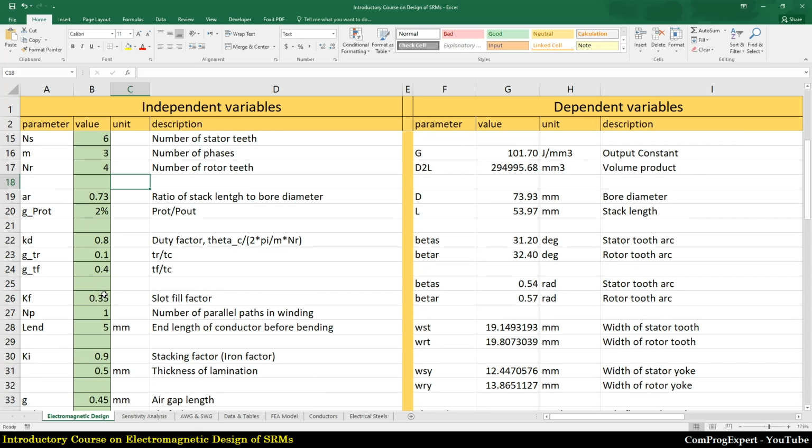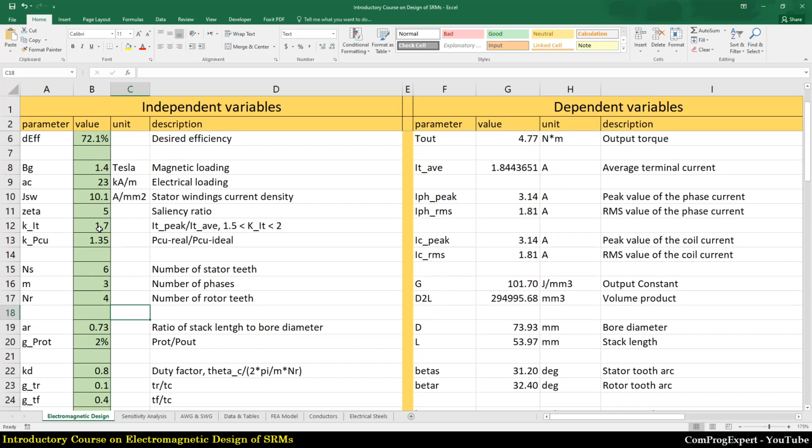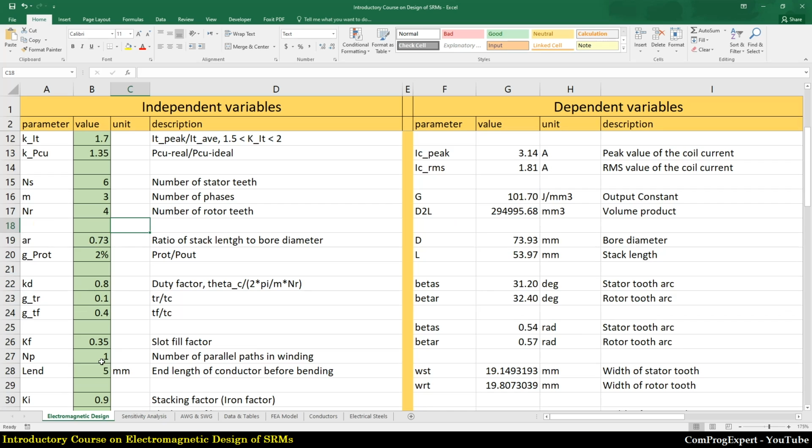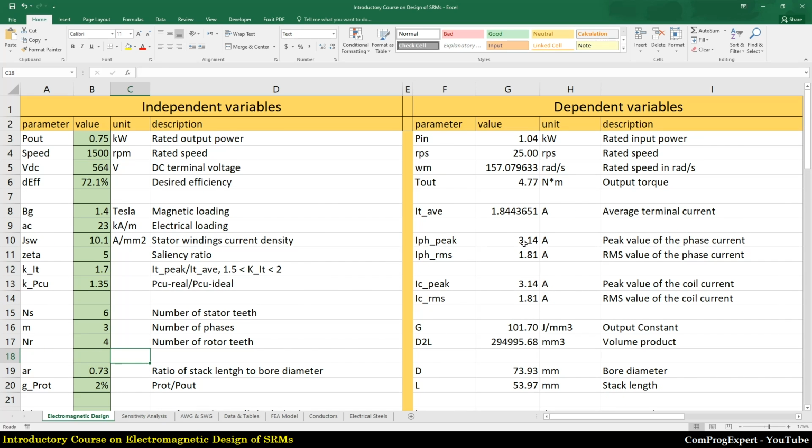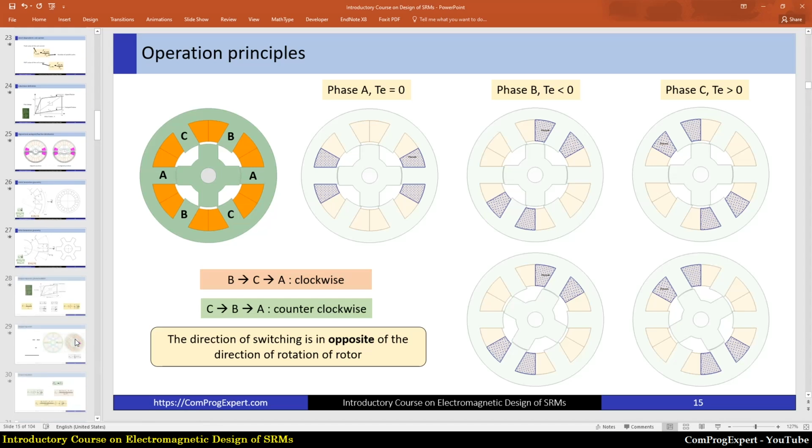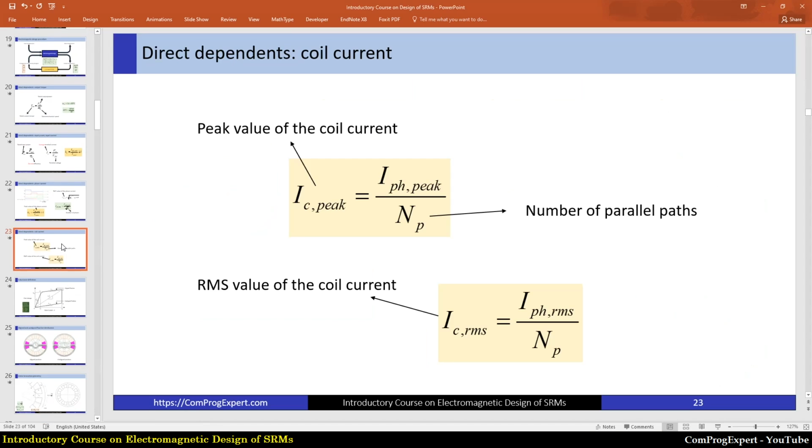So also here you can see the value of KIT and the value of NP. I considered it equal to 1. And here is the calculation of the peak value of the coil current and RMS value of the coil current. I implemented these 2 equations.